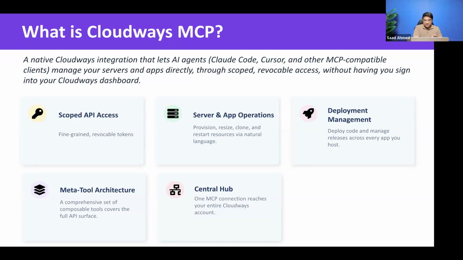To save token consumption, we have packaged our whole Cloudways platform into 62 tools, the most used operations, and the rest of the capabilities are packaged under a single capability. Whenever you are doing something that is not done often, our Cloudways MCP server looks that up on demand and builds up the context.